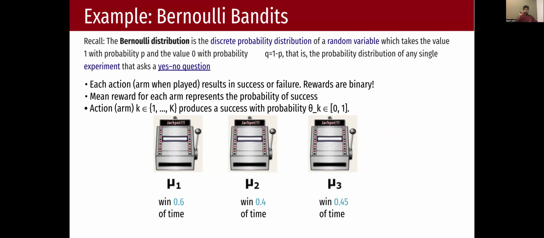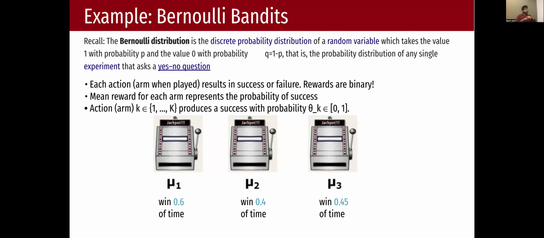Each arm has a fixed but unknown probability of yielding a reward of 1 or 0. The Bernoulli distribution is a discrete probability distribution of a random variable which takes the value 1 with probability p and the value 0 with probability q, which is 1 minus p. That is the probability distribution of any single experiment that asks a yes-no question. So in the Bernoulli distribution, the reward is 1 or 0, that is, binary.